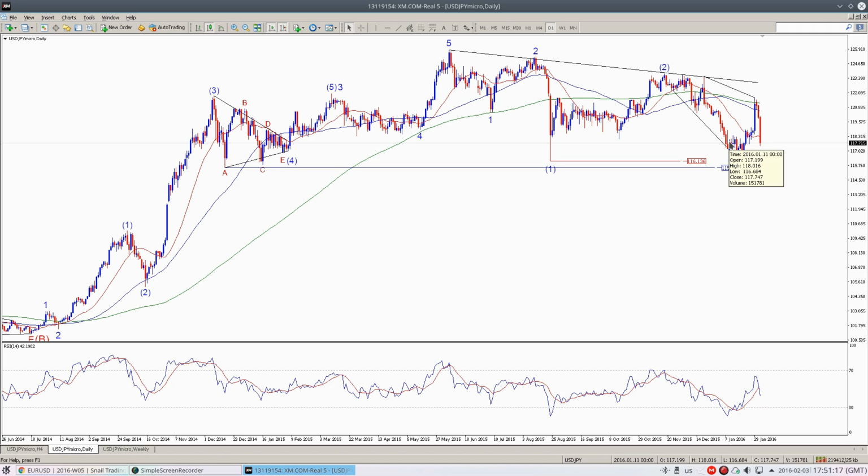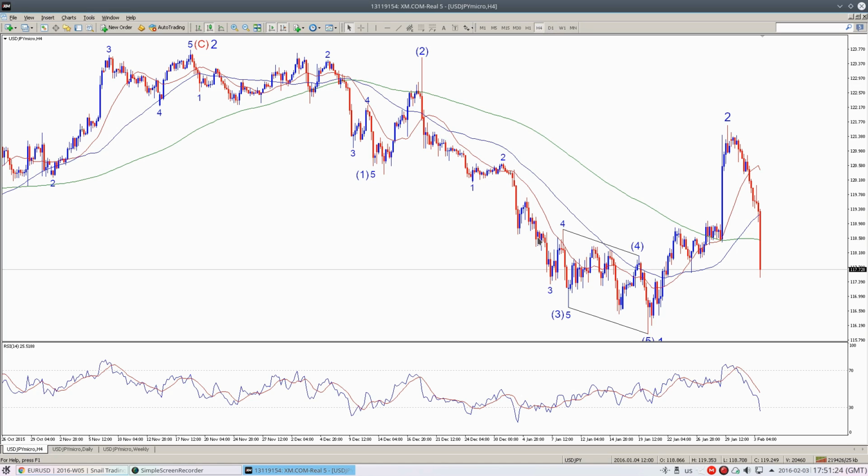What is even more important, however, is that this decline, as we can see it better on the 4-hour chart, reversed prices below this level, which was the strongest support of the recent days, and it held it very well prior to the negative rates policy of Bank of Japan.